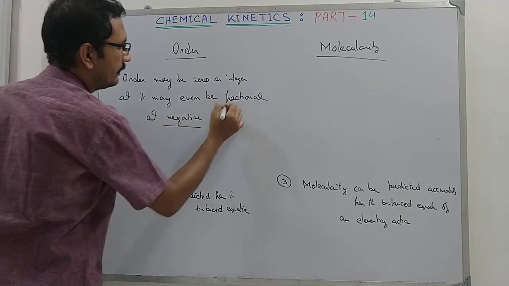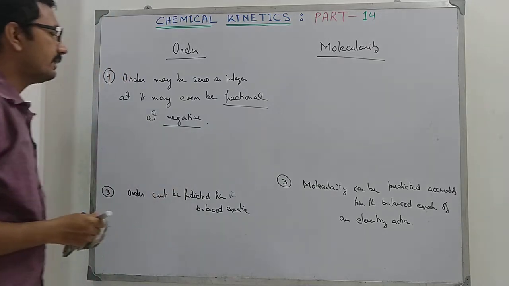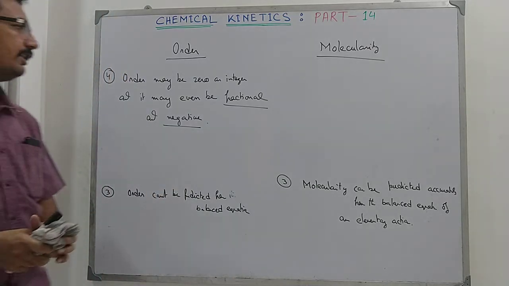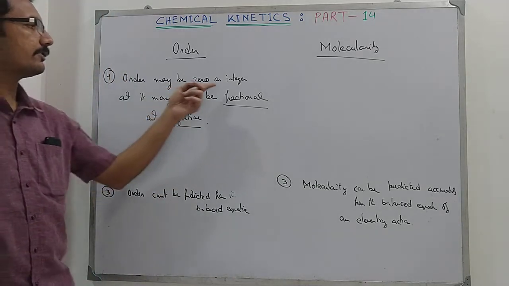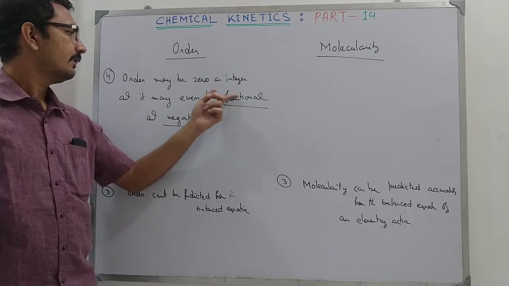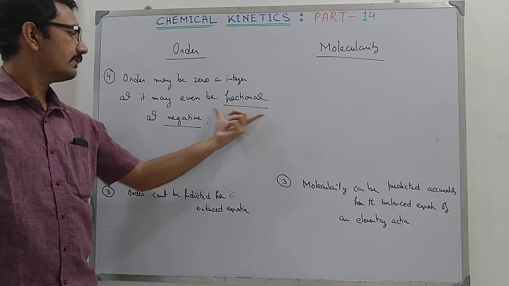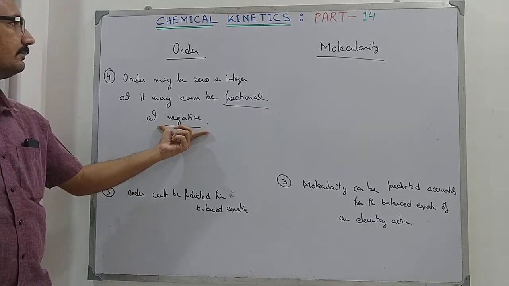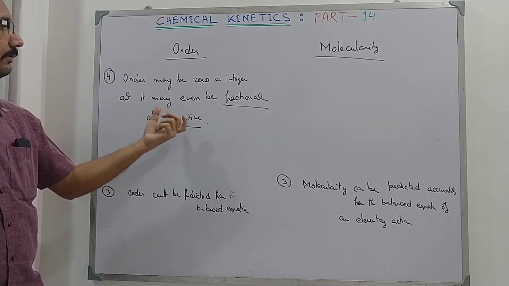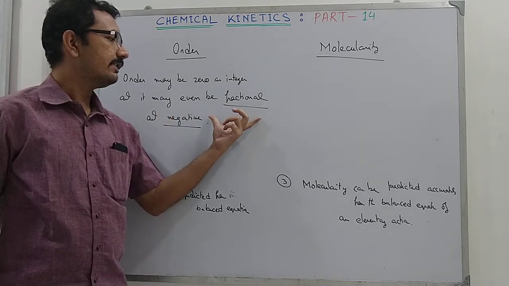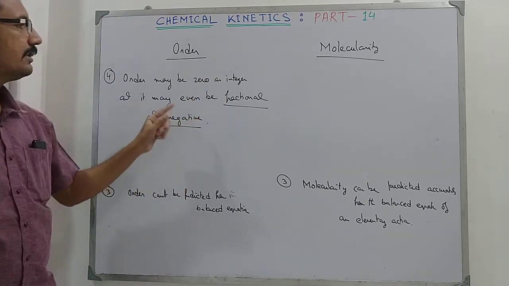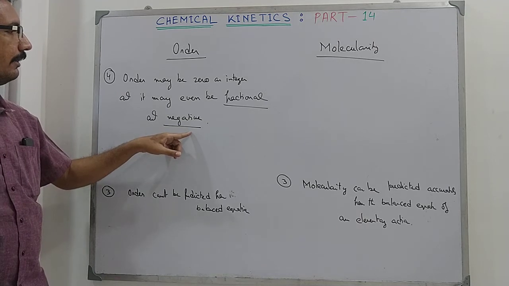This is interesting. Now, I have already introduced you to zero order, first order and second order reactions. But I have not yet introduced you to fractional and negative orders. I will introduce them in part 16. In part 15 I will deal with pseudo first order reactions.